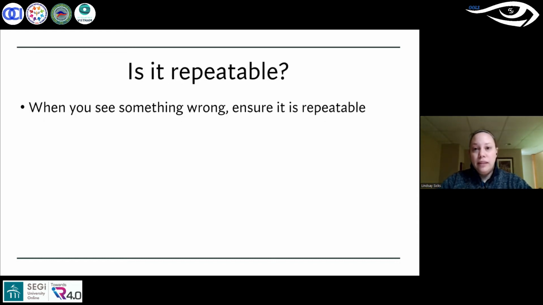So the other half of this part would be making sure that the changes you're seeing are repeatable. When you see something wrong, whether that's insufficient correction of their refraction, or you see decentration or an incomplete treatment ring on topography, make sure that that's repeatable.